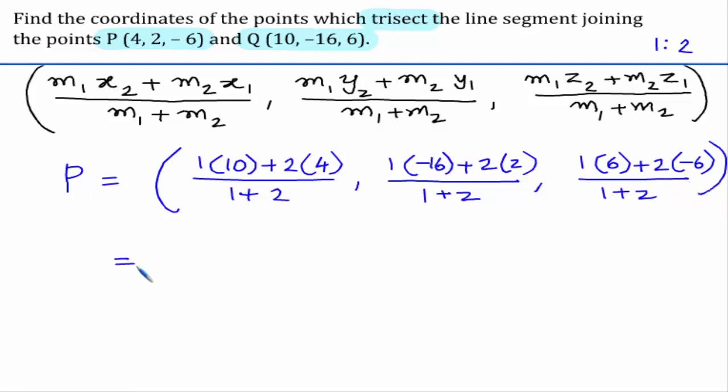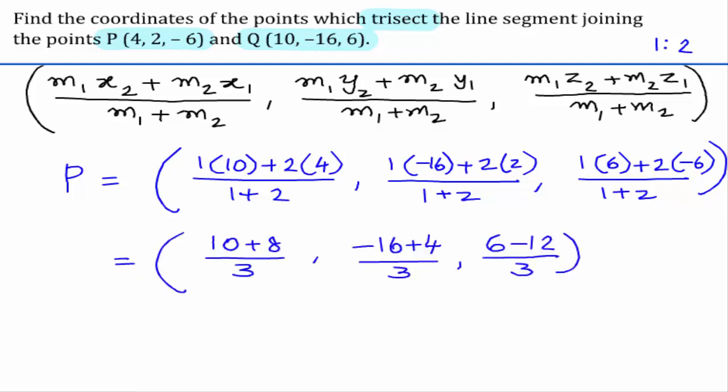If we simplify this, we get 10 plus 8, 18 by 3, that is 6. And minus 16 plus 4 is minus 12 by 3 is minus 4. And 6 minus 12 is minus 6 by 3 is minus 2. So the coordinates are 6, minus 4 and minus 2.